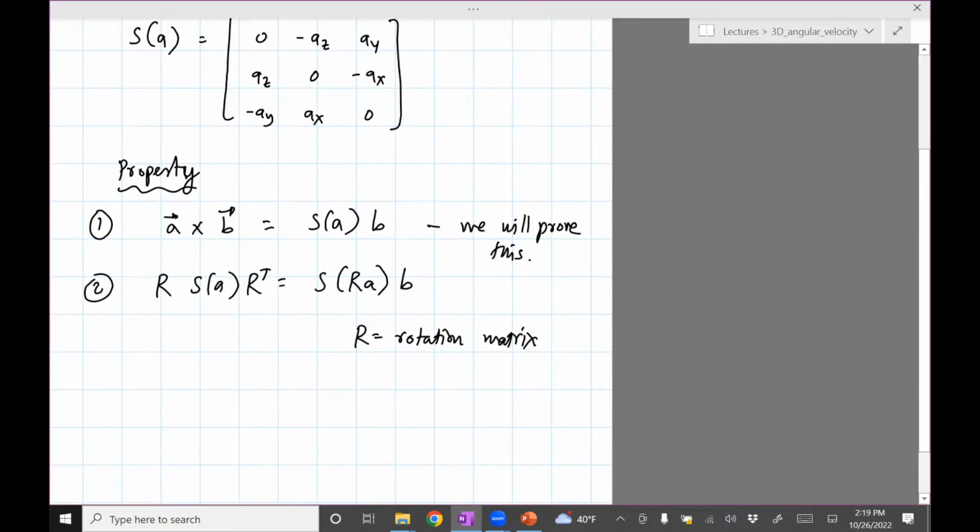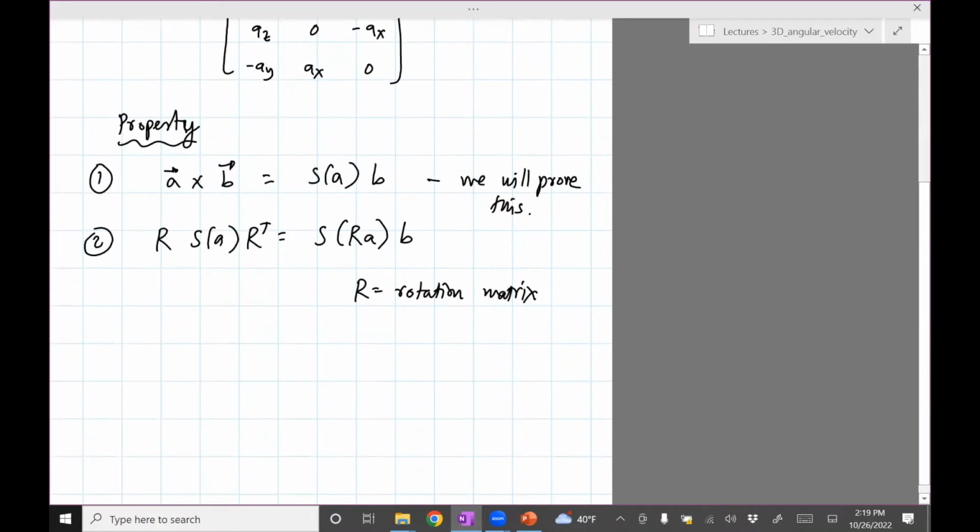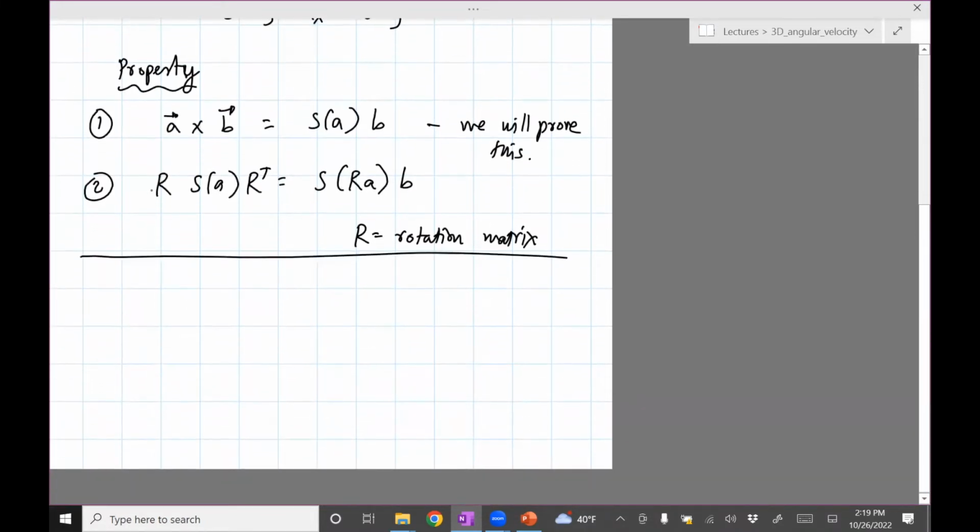One place where we can verify this is that we've already computed omega cross R, that is A cross B. This identity says that you can also write it as S of A times B. So let's do that and then compare it to what we had earlier.